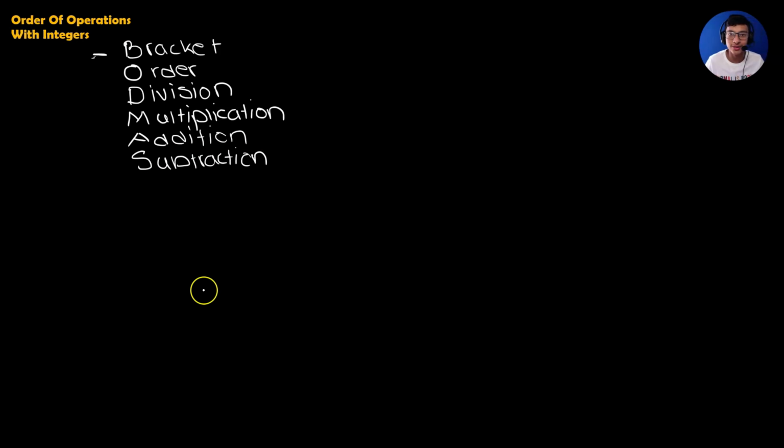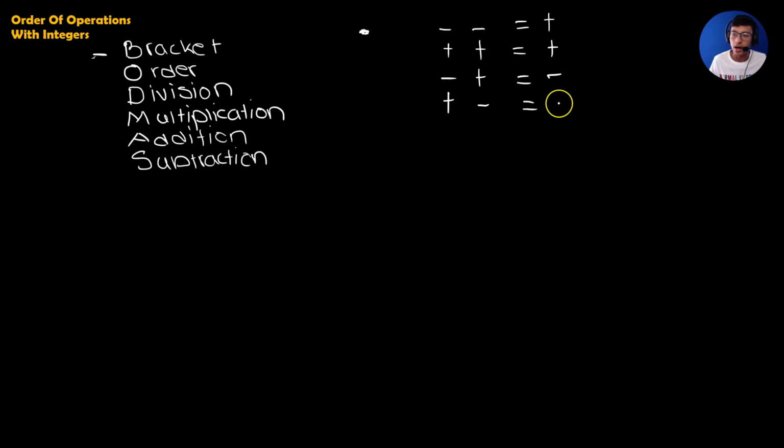The next thing we need to know, because we are dealing with integers, is that there are positive integers as well as negative integers. So another key point for today is that a negative and a negative equals a positive, a positive and a positive equals a positive, a negative and a positive equals a negative, and a positive and a negative equals a negative.